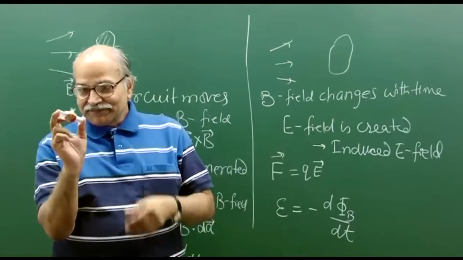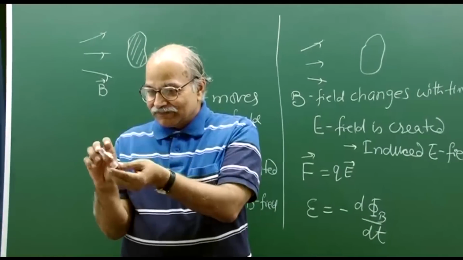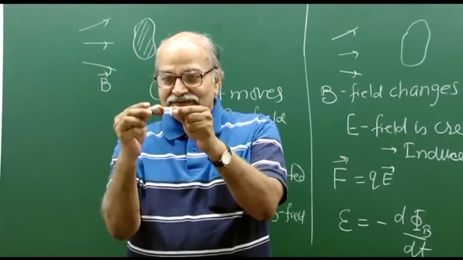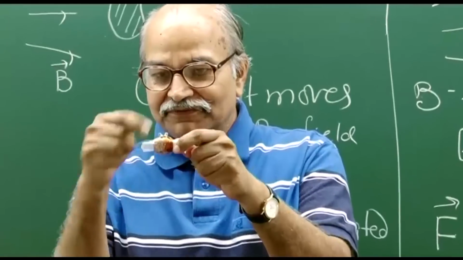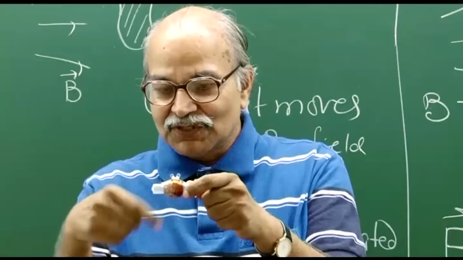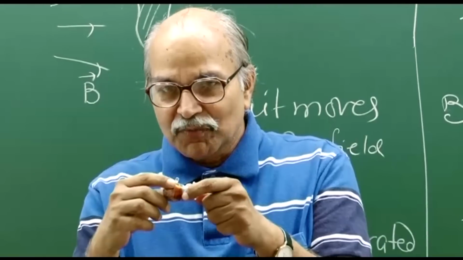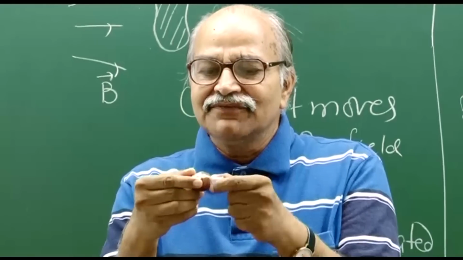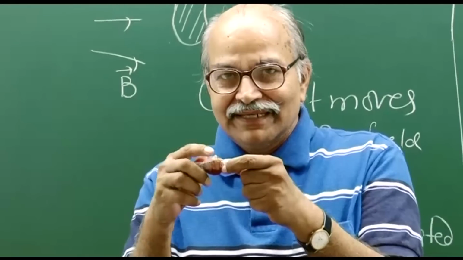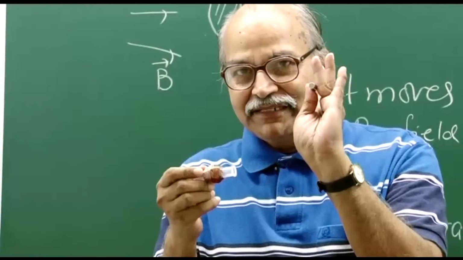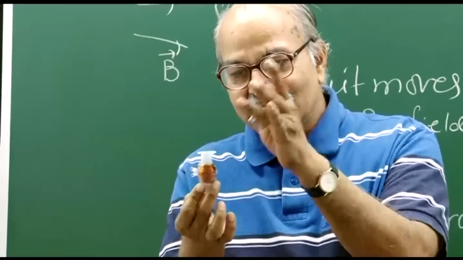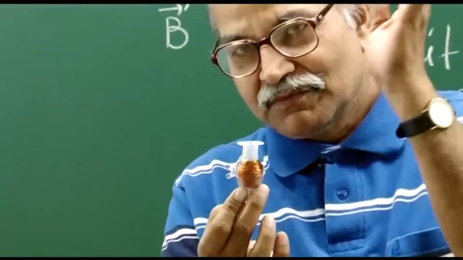So, what is it? This is a syringe body, your normal syringe, on which we have wrapped several rounds of enameled copper wire, and then at the end we have connected these LEDs. Then I have a magnet. And this magnet I can put inside this syringe body.